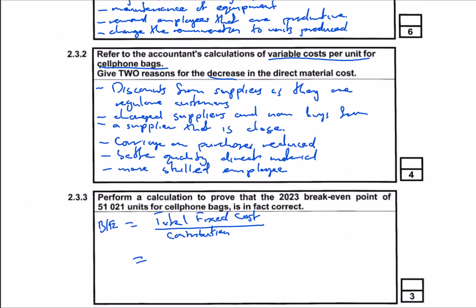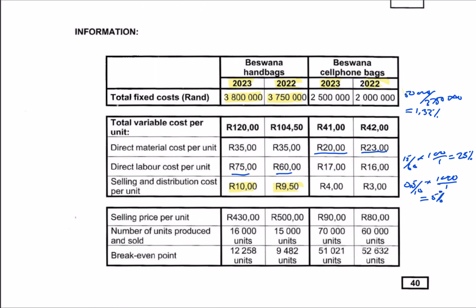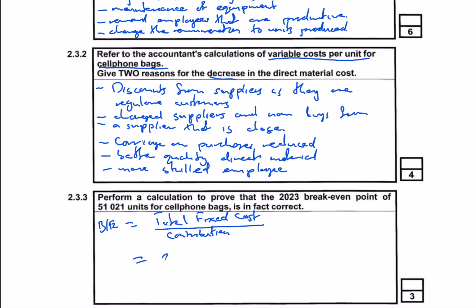Just check. Break-even point for cell phone bags. That's 2,500,000 divided by 90 minus 41. Right.